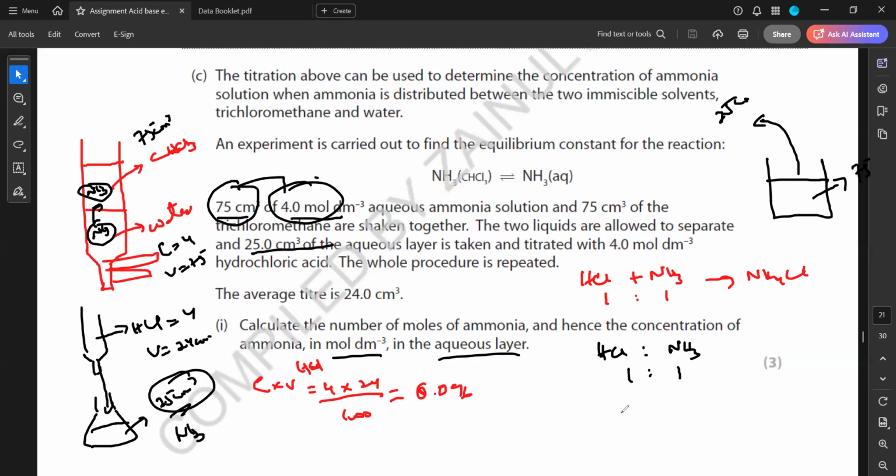So if I have 0.096 moles of HCl, how many moles of ammonia will be there? So we got 0.096. So these are the moles of ammonia which are present in 25 cm cube. Is it clear till this point?